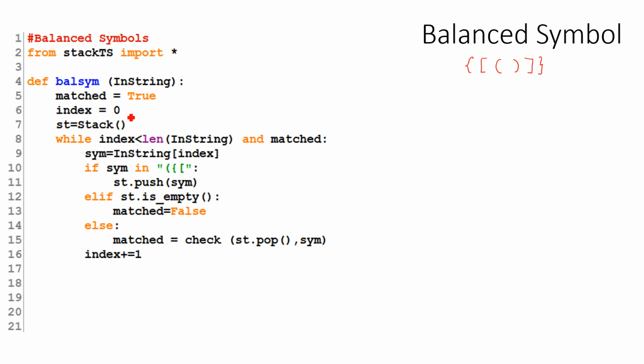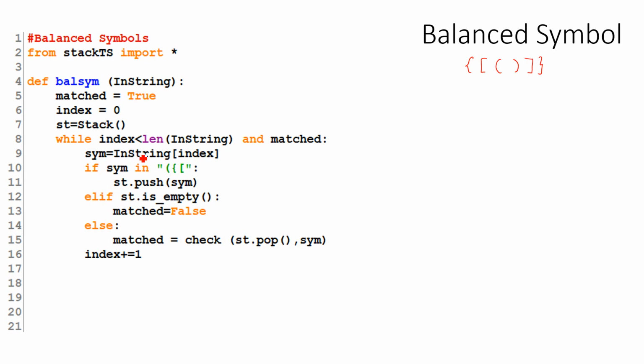Then for the loop, the index variable is 0, and the stack object is st. Now we scan the string one by one, until the index is less than the length of the string and match is equal to true. As we scan the string, we implement the algorithm as well.